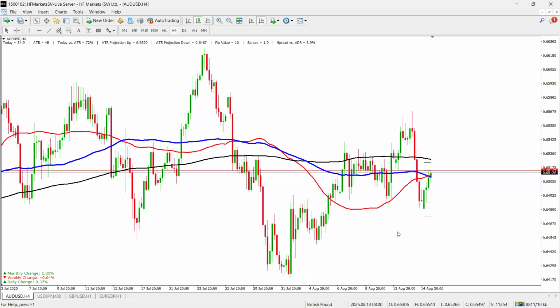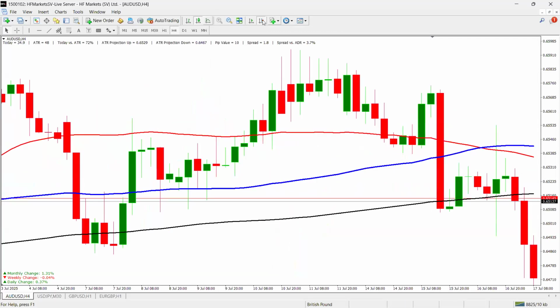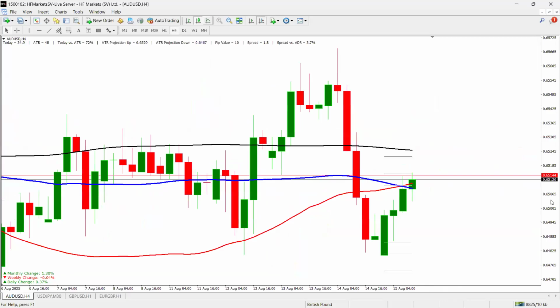Now look at where you are. Look at the current market price. It is showing potentially a crossover above 100.